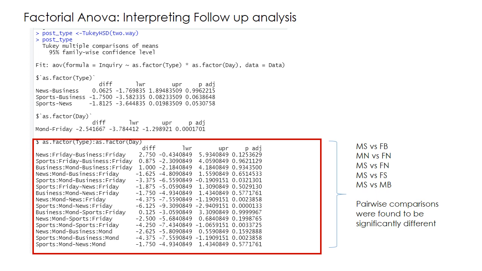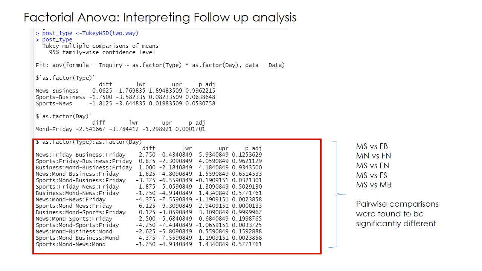How do we know this is flagged as significant? Check the p adjusted value. If the values are less than 0.05, then we can say that these pairwise comparisons are found to have significant differences.